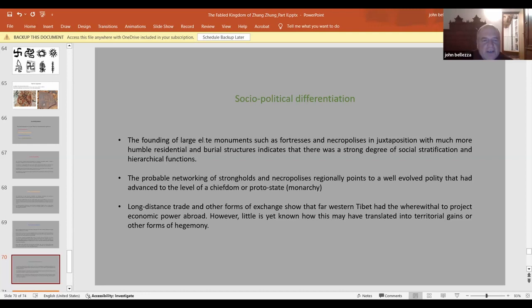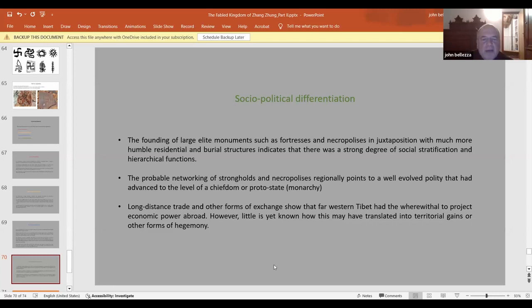Socio-political differentiation. The founding of large elite monuments such as fortresses and necropolises in juxtaposition with much more humble residential and burial structures indicate that there was a strong degree of social stratification and hierarchical functions.